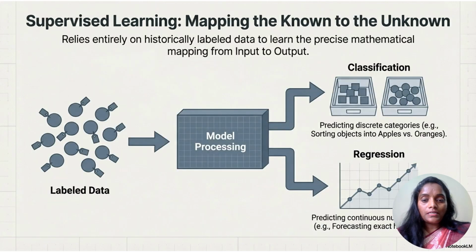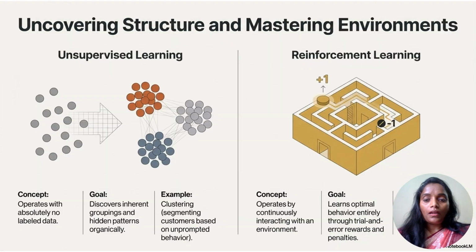So supervised learning, which is also known as mapping the known to the unknown, relies entirely on historical labeled data to learn the mathematical mapping from input to output. Classification and regression come under the examples of supervised learning. And this slide gives the details about unsupervised learning.